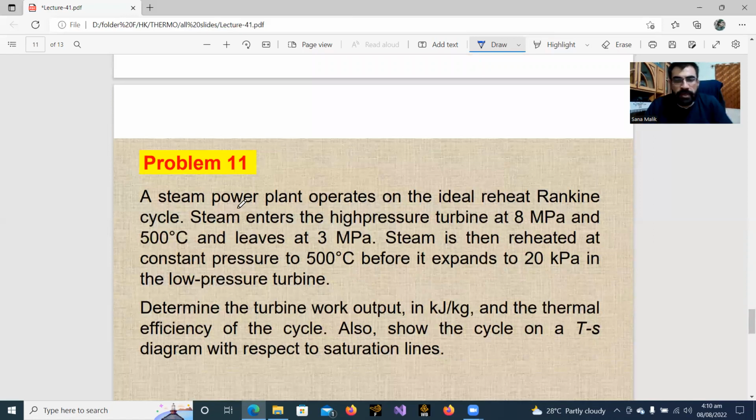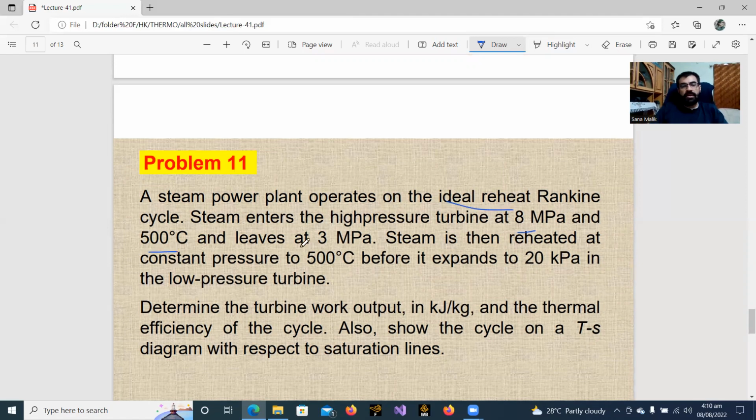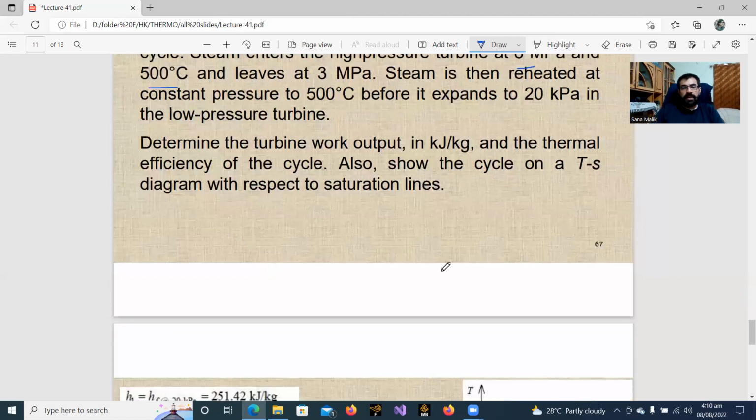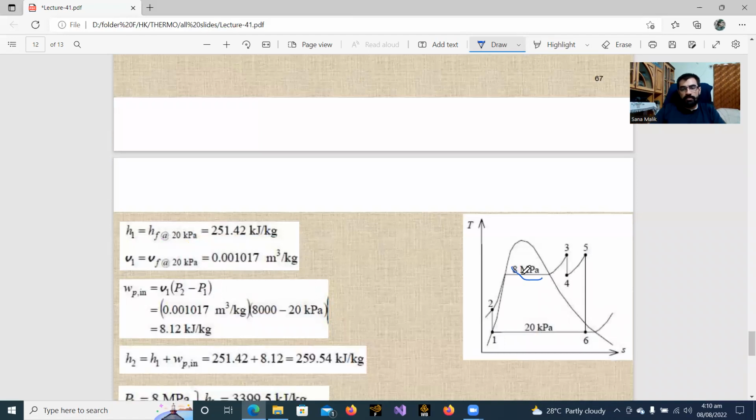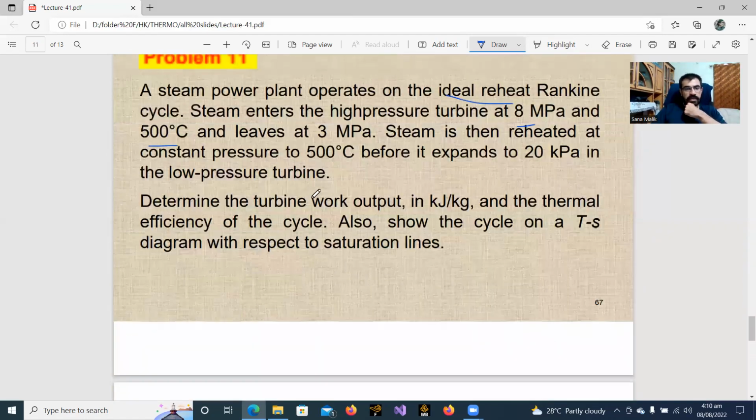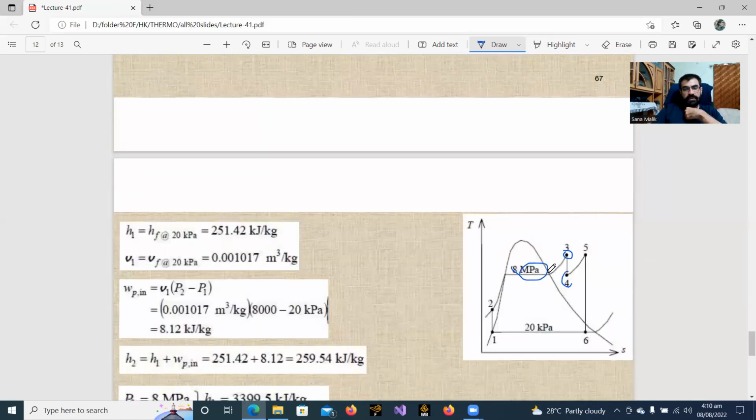Okay, a steam power plant operates on the ideal reheat Rankine cycle. These are the pressure and temperature given. Steam enters the high pressure turbine at 8 megapascal and 500 degrees centigrade, and leaves at 3 megapascal. P4 is given.